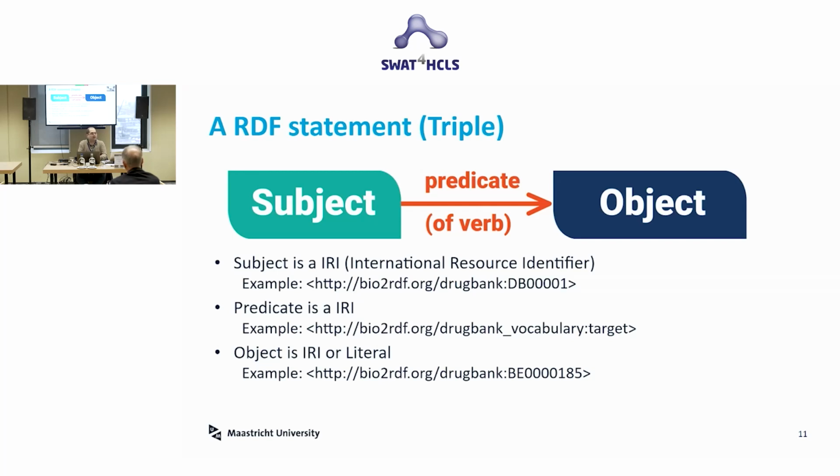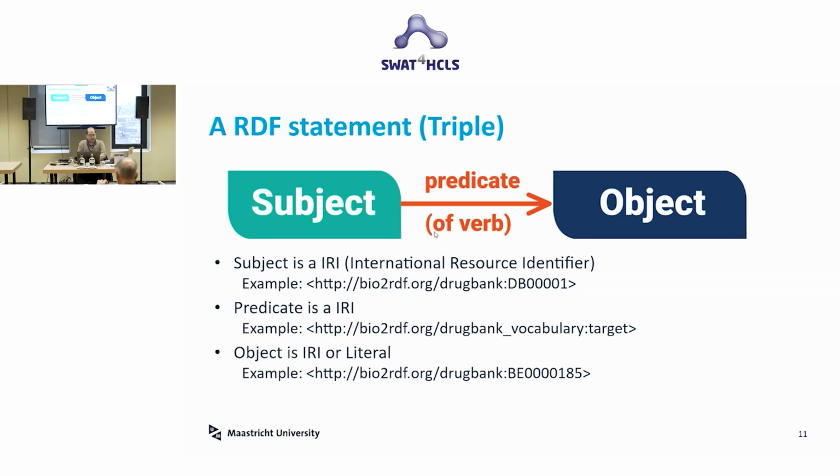And because the URI is the parent of the URL, it can also be a URL. And you put that URL between two pointy brackets. So any entity you want to encode in RDF format has to be expressed in IRI format, right? That means you need to generate unique identifiers for your entities and express them in this format.